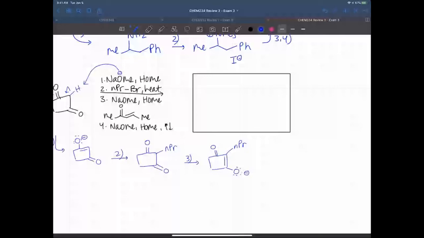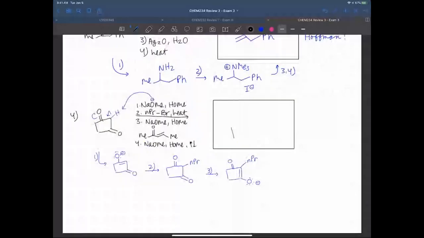Okay, that's fine. So the answer is this right here. Okay, and then the N-propyl is here, and then I have a methyl here. So go figure out the mechanism. If you are lost, feel free to let me know.